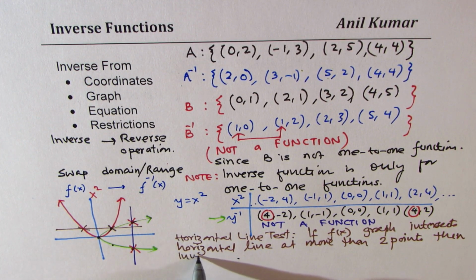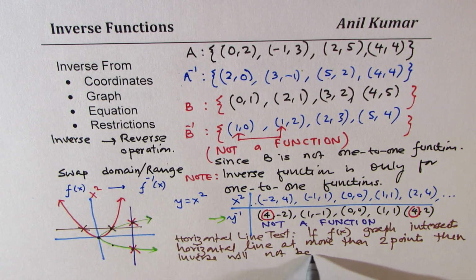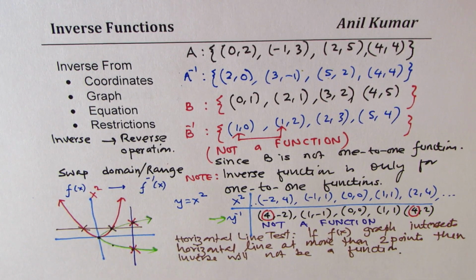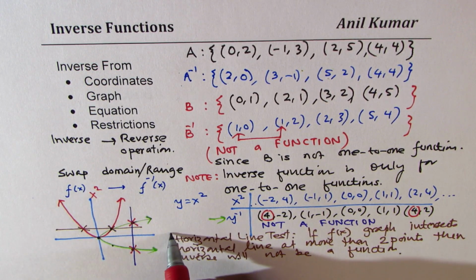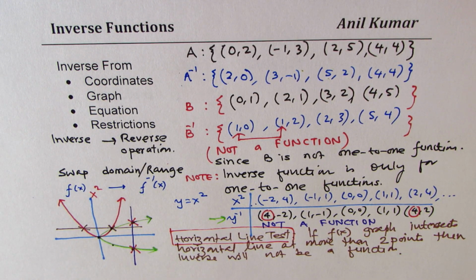Then inverse will not be a function. So that is the horizontal line test, which is extremely important to understand. So I hope that concept is clear here, right?